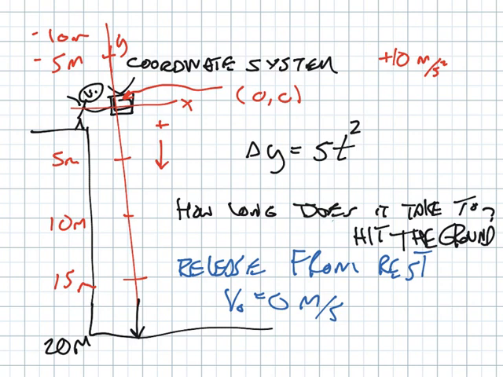Some of these expressions, what it is we're trying to find, can sometimes be confusing. How long does it take to hit the ground is different from how far does it travel or how fast is it moving. How long does it take is always going to be time. So you're looking for time.